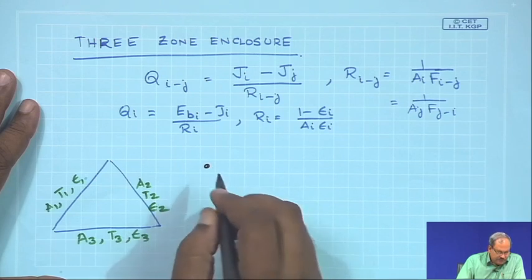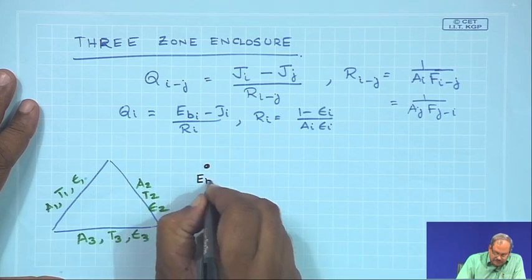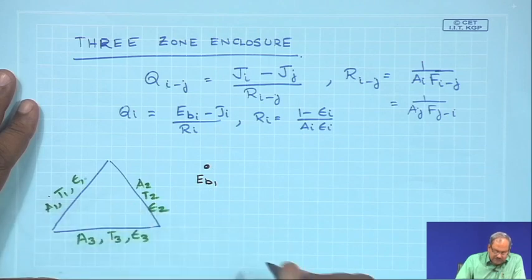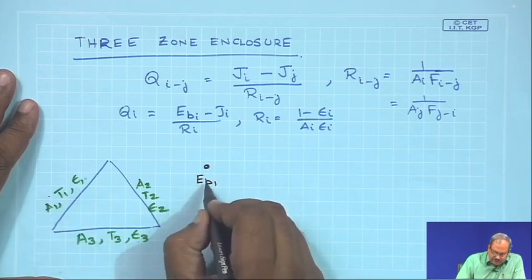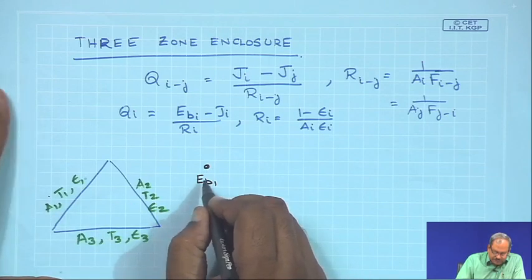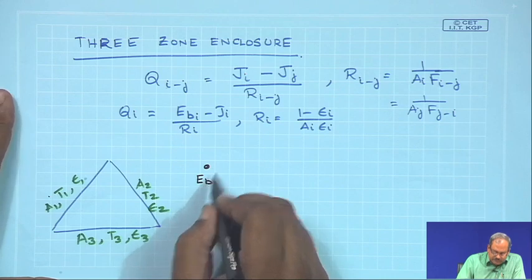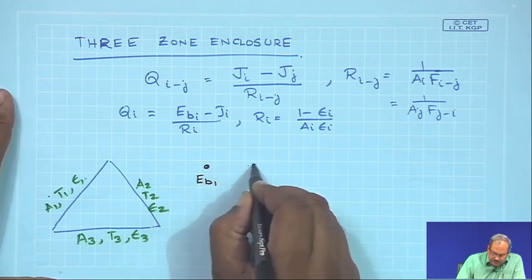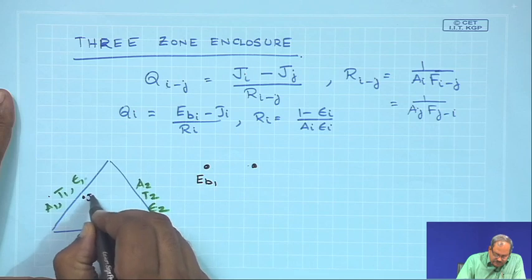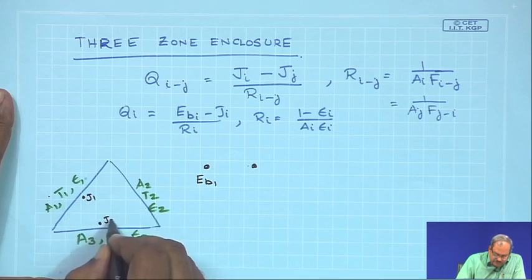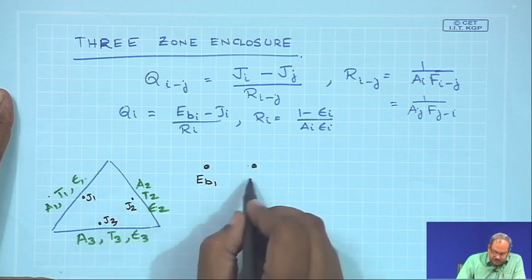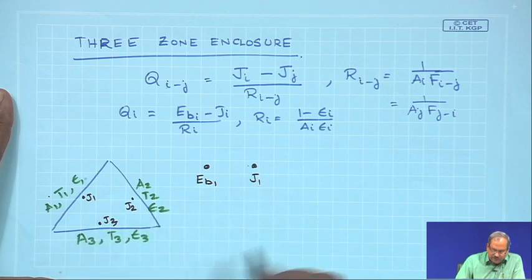my potential is going to be EB1, which is inside the surface, but it is a black body radiative potential. So, it is a real surface, it is not a black body. So, its potential over here is going to be J1, here it is going to be J3, and here it is going to be J2. So, this is going to be my J1.